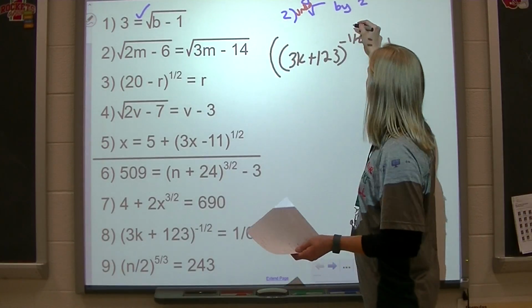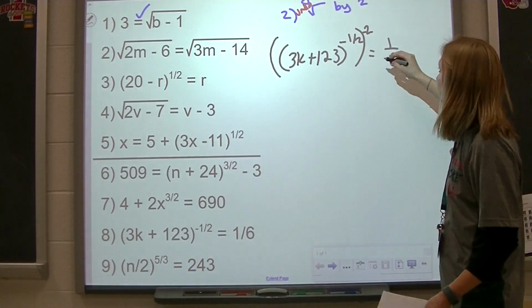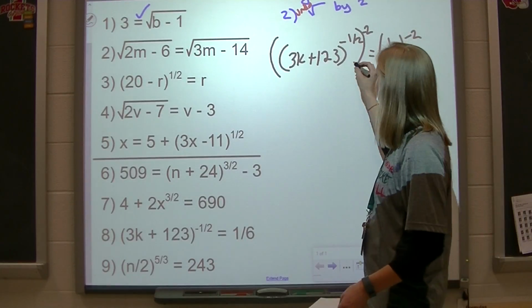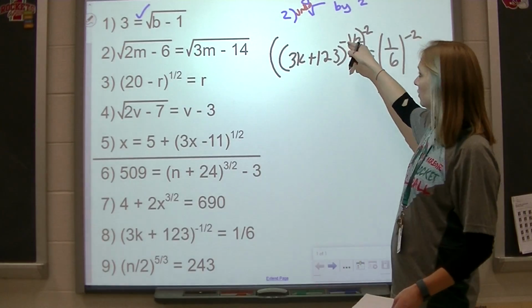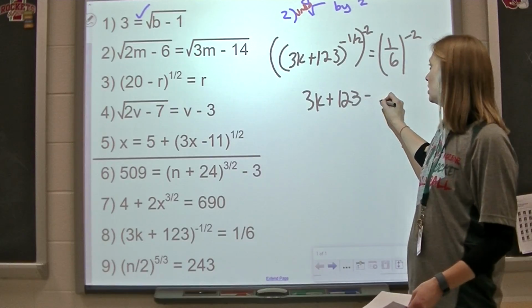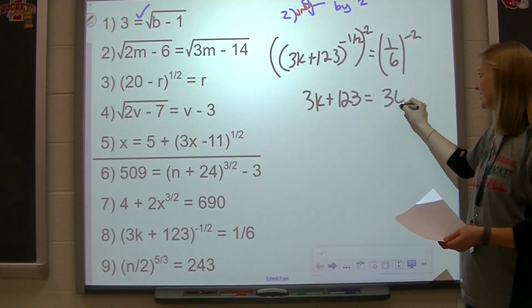We can just raise it to the reciprocal power, which is going to be negative 2 over 1, or just negative 2. But then we also have to raise this to the negative 2 power. So doing that, negative 1/2 times negative 2 is positive 1. So we're going to have 3k plus 123 equals 1/6 to the negative 2nd power, which is actually 36.